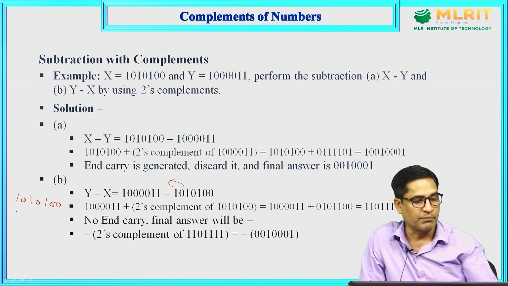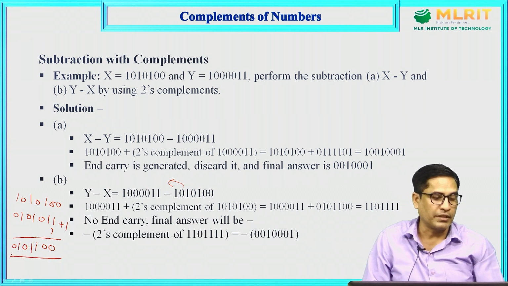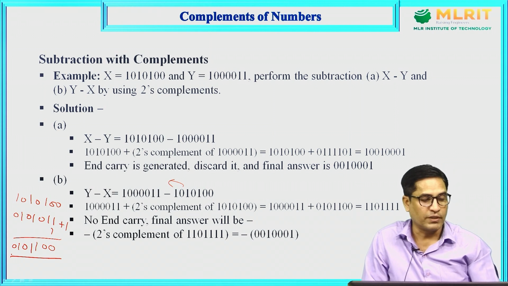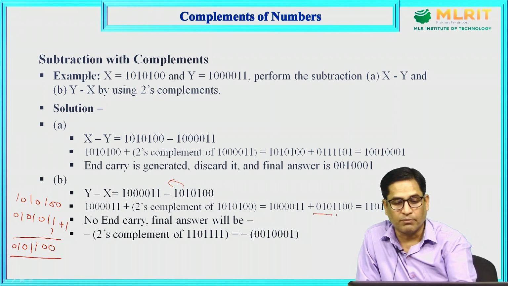First the 1's complement, 0, 1, 0, 1, 0, 1, 1, and then simply add 1. Adding 1 here, 1 plus 1 is 0 carry 1, again 1 plus 1 is 0 carry 1, and so on. The 2's complement we got is 0, 1, 0, 1, 1, 0, 1, 0, 1, 1, 0.